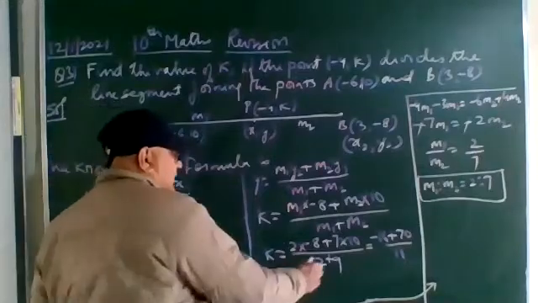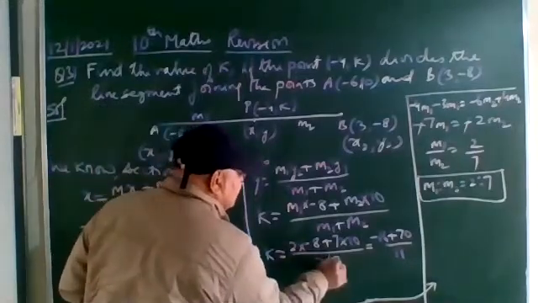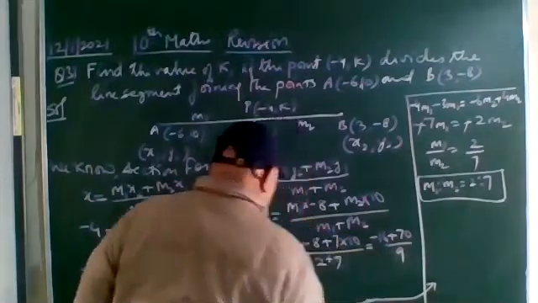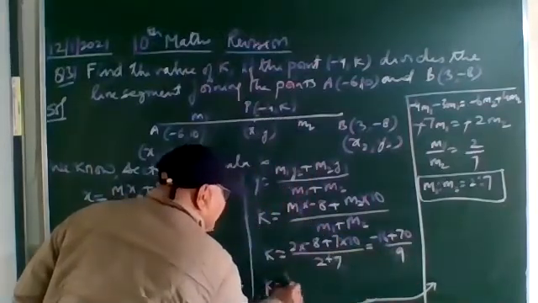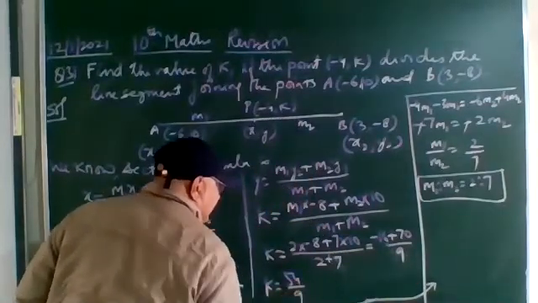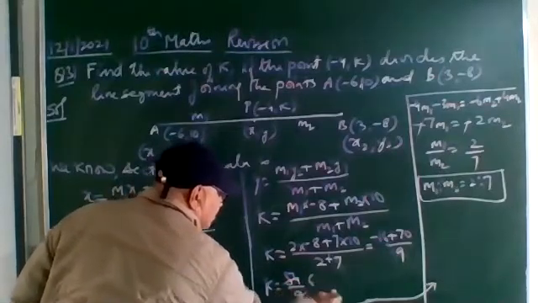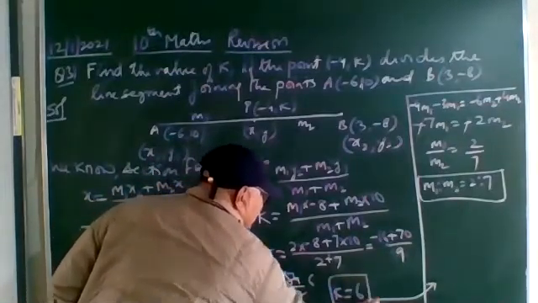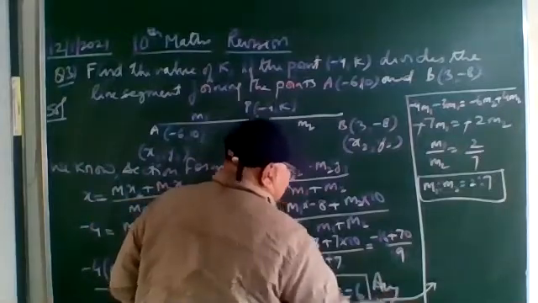Sorry, here 2 plus 7, so you will get 9 in the denominator. That is minus 16 plus 70, which is 54, upon 9. So the value of k will be 6. This is the answer.